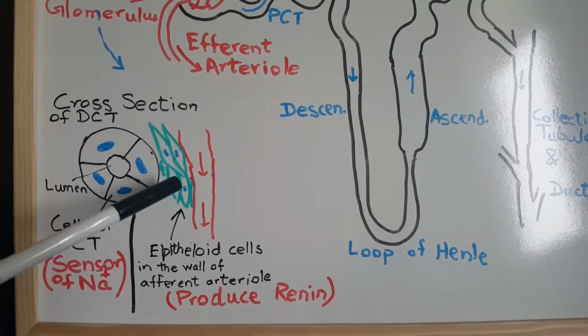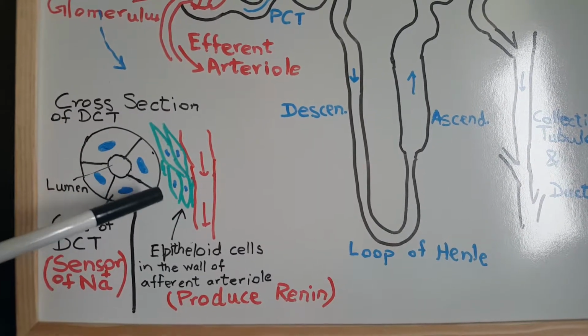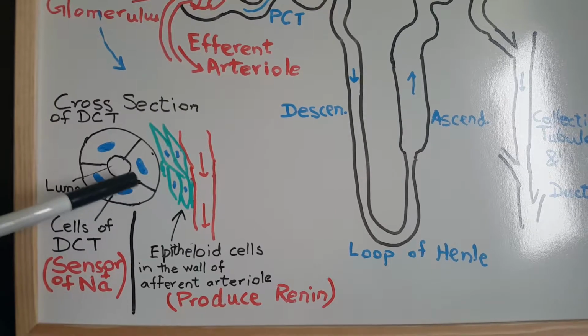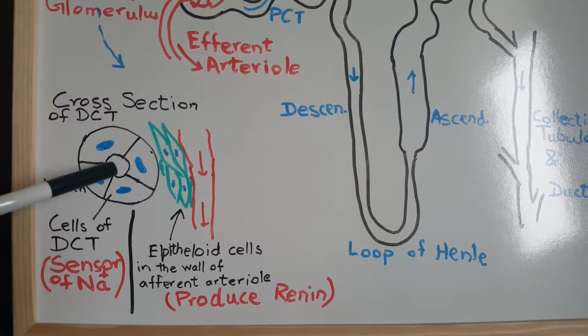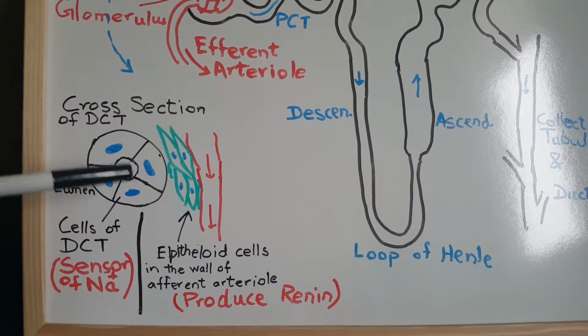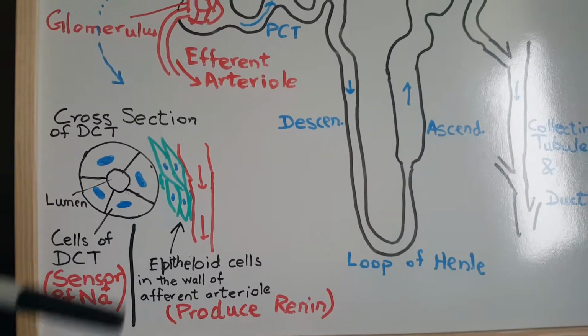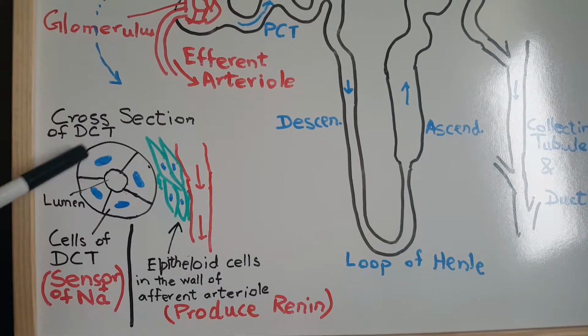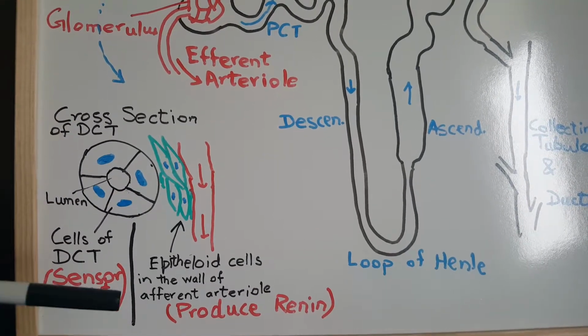These epithelioid cells come in contact with the cells of the distal convoluted tubule. These specialized cells of the distal convoluted tubule are called macula densa cells.